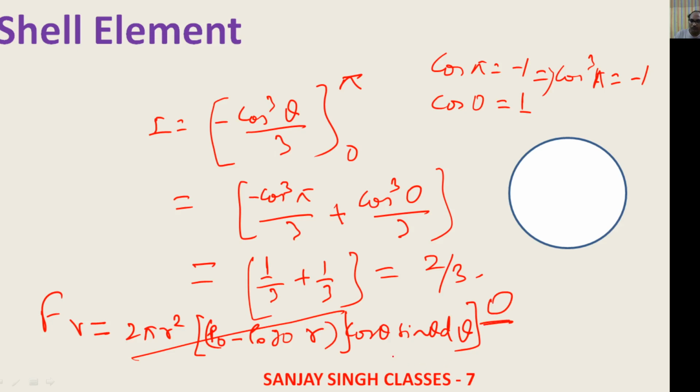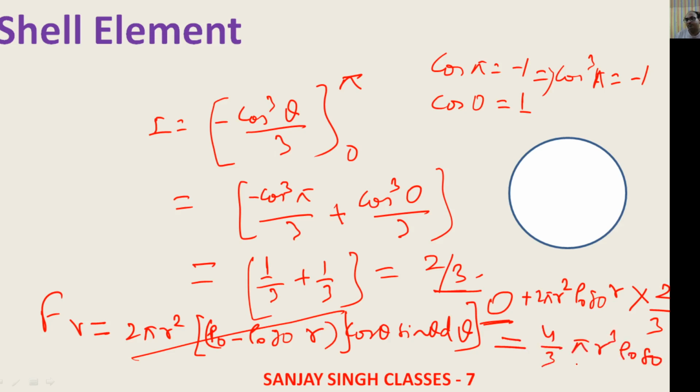The second part was 2 pi r square and rho 0 z0 r into, so what we have got? We have got here 2 by 3. So this gives us 2 into 2, 4 by 3 pi r cube rho 0 z0.